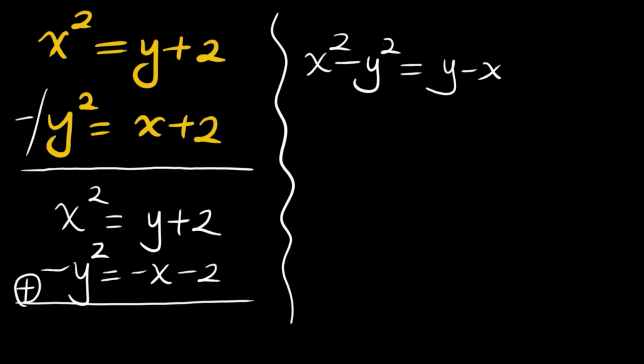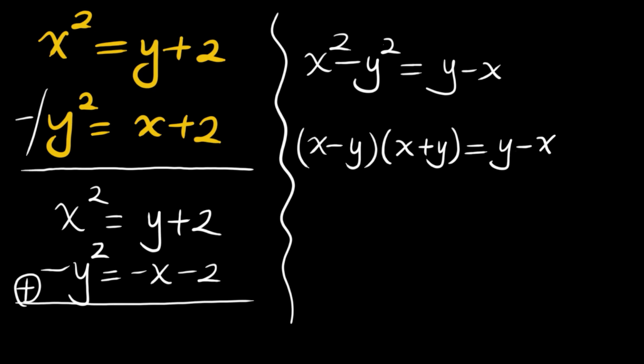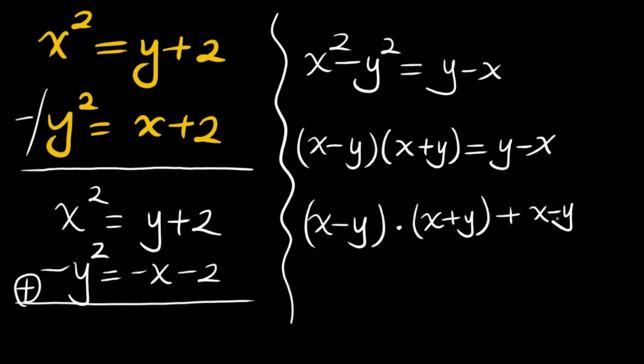Now from this left hand side we can write this as x minus y times x plus y, from the difference of two squares, and this is also y minus x. If we move everything to the left hand side, then x minus y times x plus y, and again plus x minus y is equal to 0.